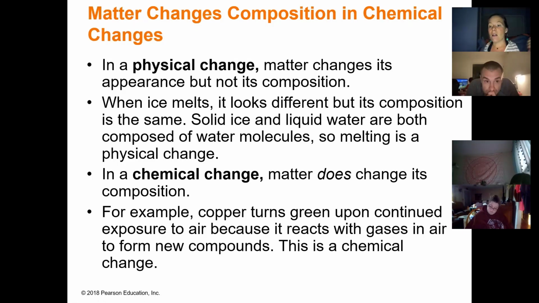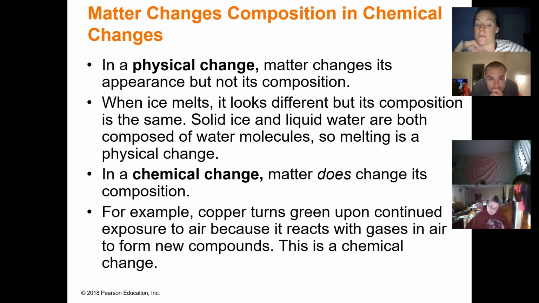Another one, when ice melts, it looks different, right? Ice and water look different from each other, but they're not different on a molecular level. They're still H2O molecules. Now, in a chemical change, matter will change its composition. So it actually is one thing to start with, it undergoes the chemical change and it's something different.